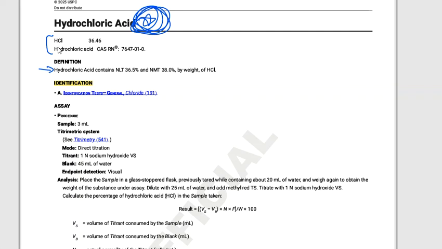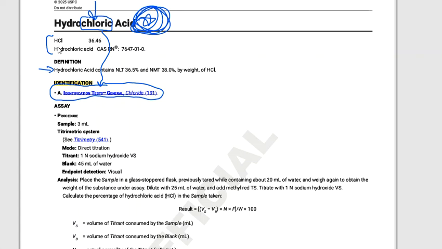But for this particular monograph, hydrochloric acid, some of the identification tests will play a role in the chloric piece. It's going to look for chlorine. So if I come down and look at the identification test, I'm going to see Identification Test 191, General, Chloride.